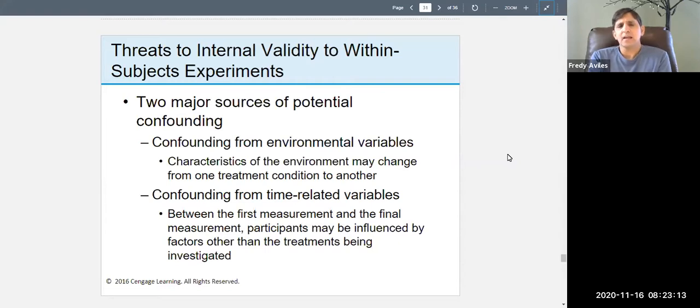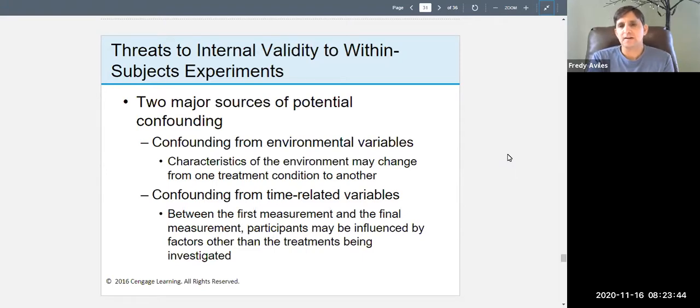But let's say on that day there's a lot of noise outside, construction going on or something like that. So it's kind of annoying, it's noisy, and that's going to change how they may feel, how they may behave. That's just an example of how environmental differences can affect these participants, because they participate in the different groups at different times, and the environment may change during that time.